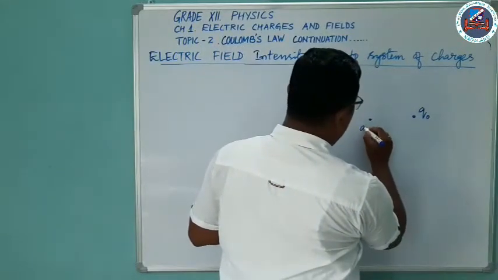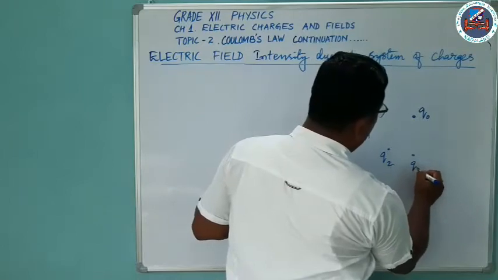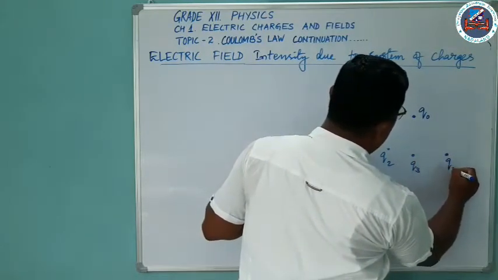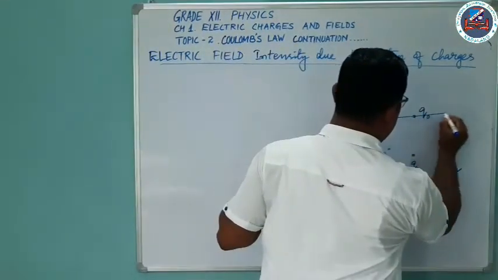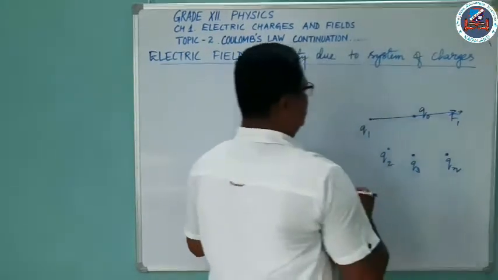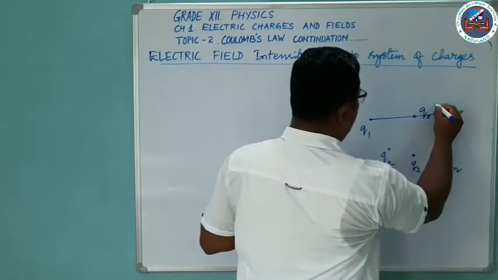Suppose this is Q1, here I am writing Q2, here Q3, like that, many more, up to Qn. Then we already know that Q1 will exert a force on Q naught. Let us write it simply as F1. The electric field intensity, let us write as E1.